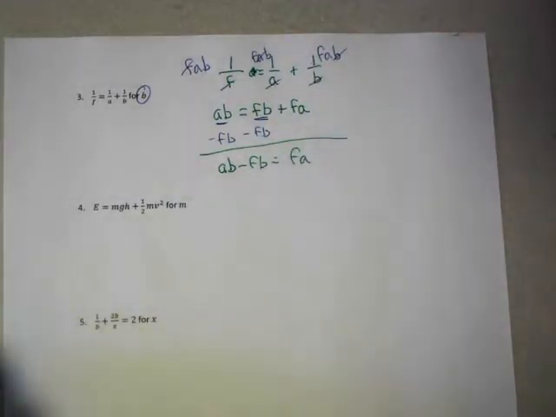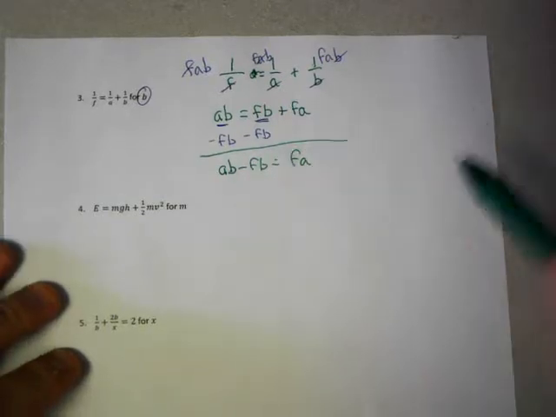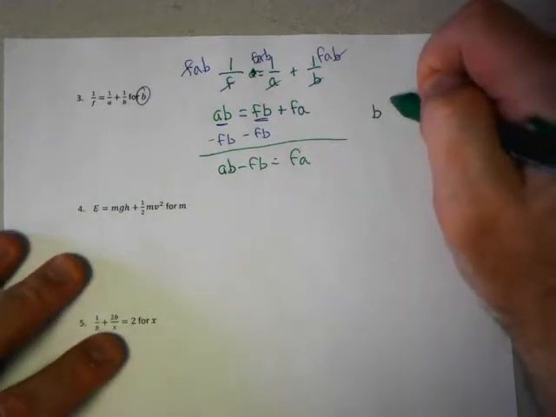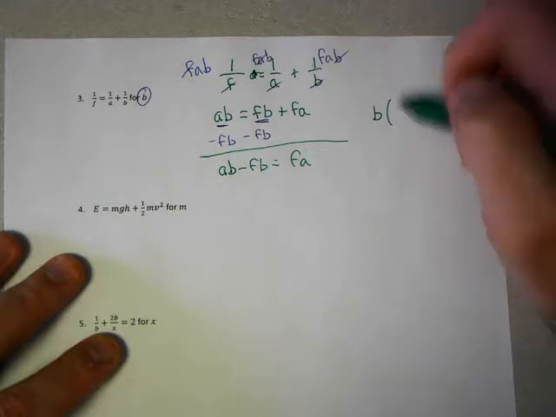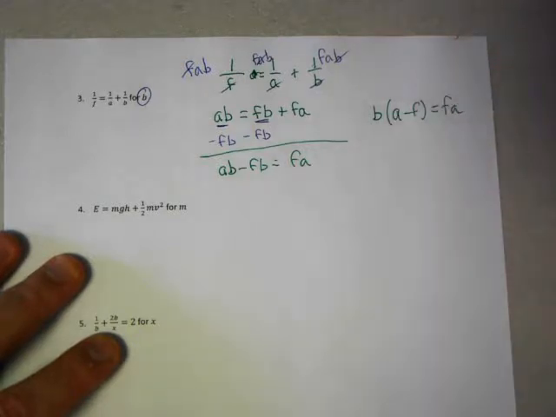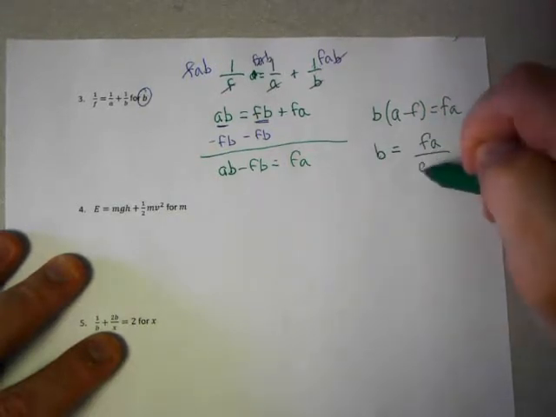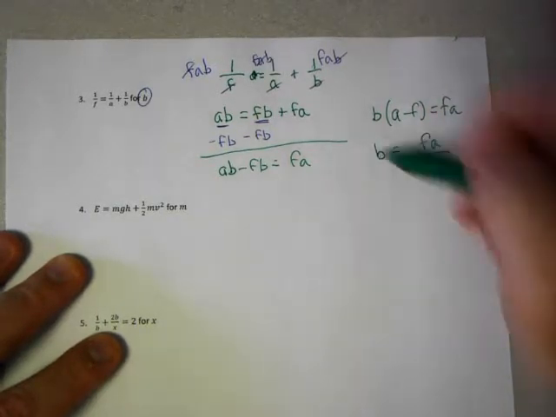Now the important thing is on the left hand side, all the pieces have a b in them. Since all the pieces have a b in them, that's a common factor. I take that out. I'm left with a minus f. And finally, to get the b all by itself, I can divide. And there's my final answer.